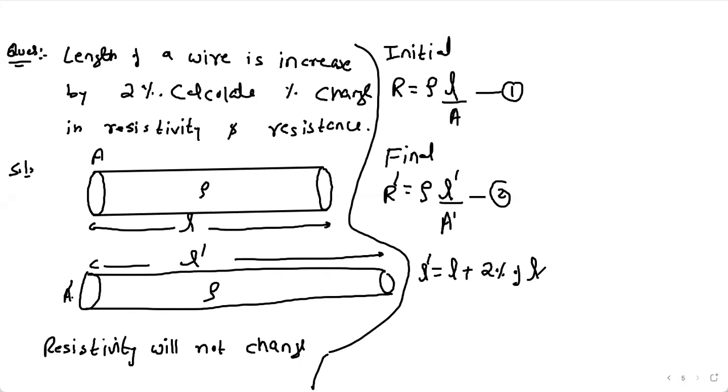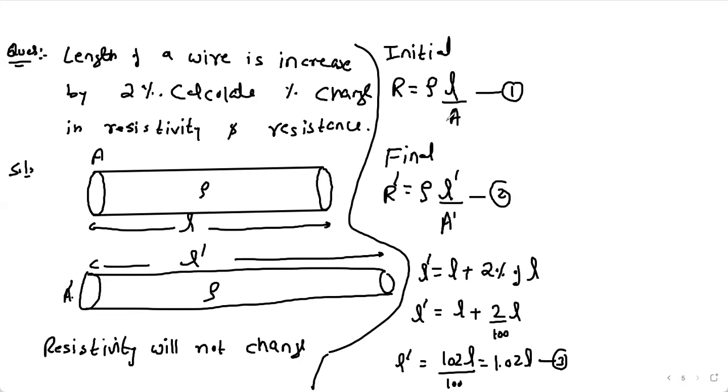So your L prime is L plus 2 by 100 of L. So the L prime becomes 102 L by 100. So I will get 1.02 L. That's equation number 3. Now I have L prime in terms of L.